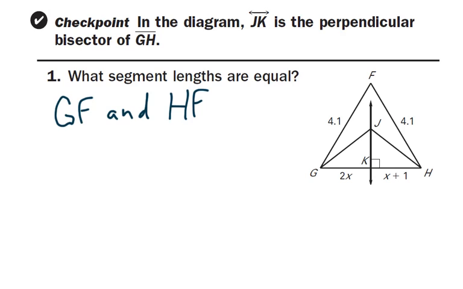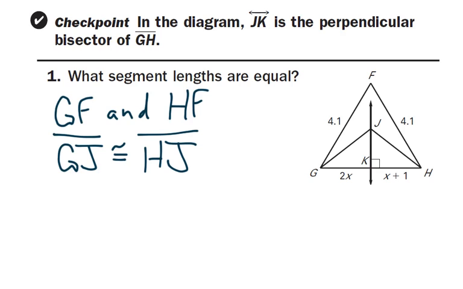All right, so hopefully you got GJ, or segment GJ is congruent to segment HJ, and segment GK is congruent to segment HK.